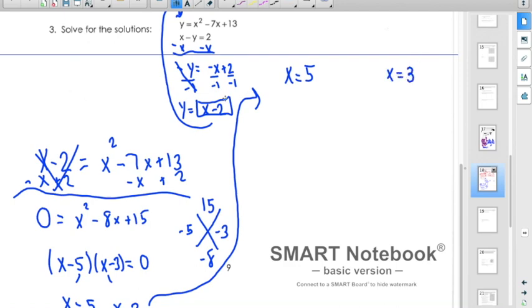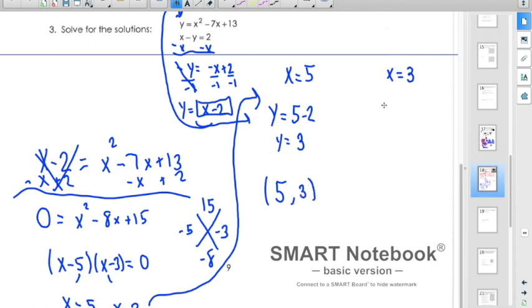And again, all I'm doing is I'm going to take my linear equation and substitute in for x to find my y value. So I'll have y equals x minus 2, but I know that x is 5. So it's 5 minus 2, which means that y is 3, which means I have a coordinate point of 5, comma 3.